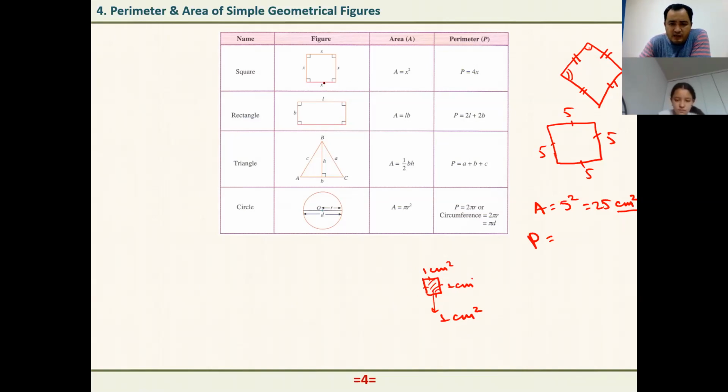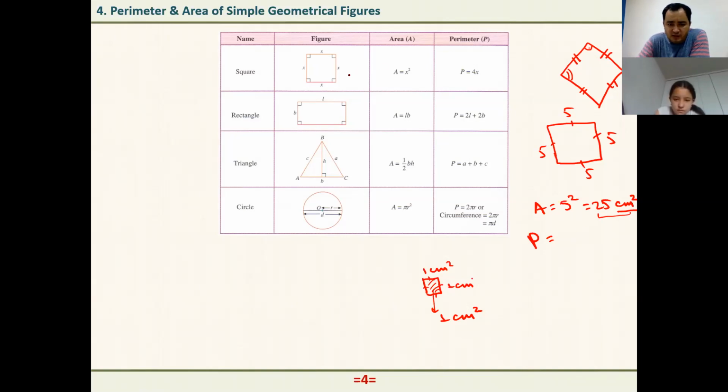Asking what the area of the square means is asking with how many such squares I can cover this square. It means this. So this 25 centimeters squared means if I have this kind of tiny square, with 25 such tiny squares, I can cover this surface.